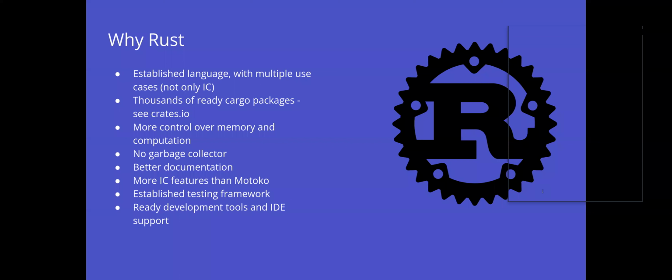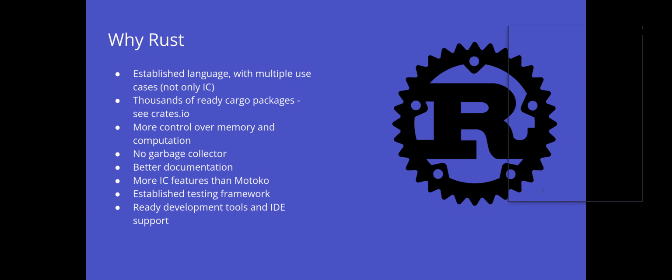Another part which is not accessible to Motoko is inter-canister calls using protobuffers. Why we would even like to use it is that the ICP ledger has multiple functions accessible only by protobuffers.